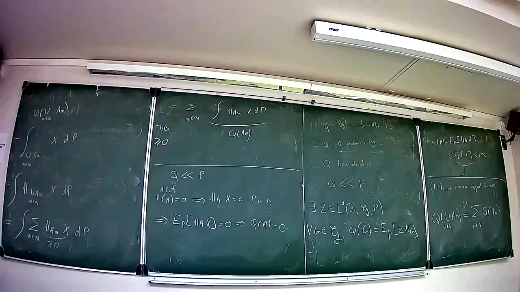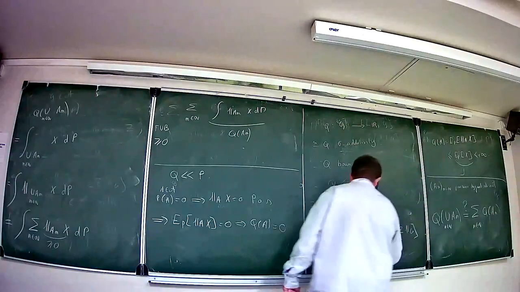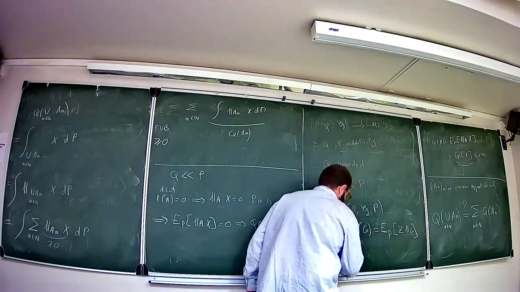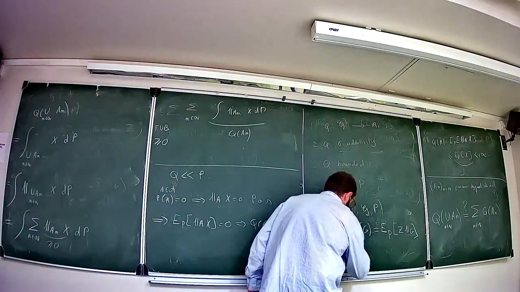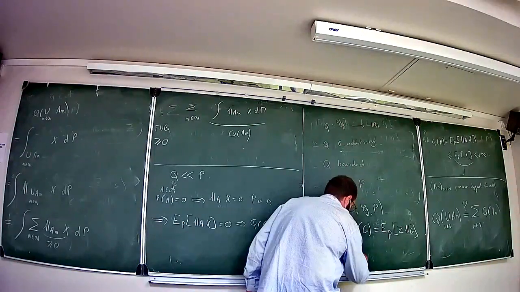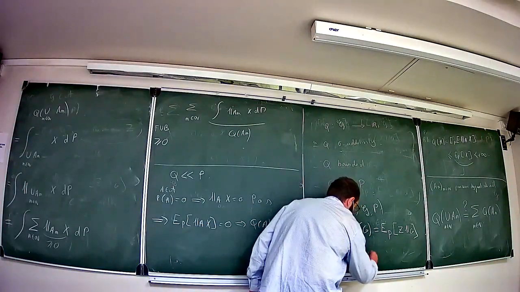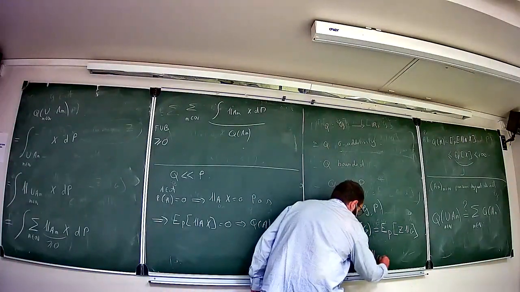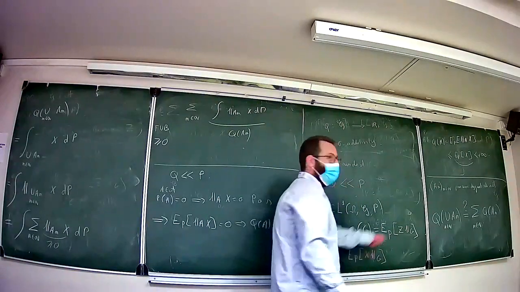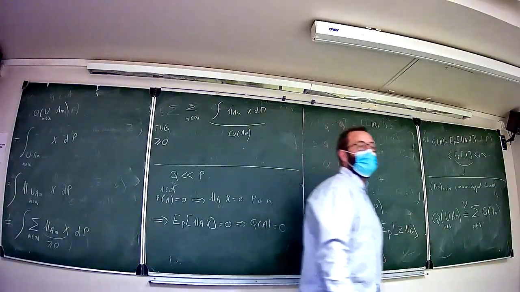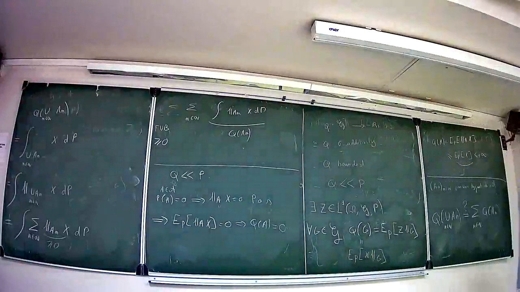But what is Q of J? I have erased the things here, but Q of J, I remind you, was defined this way. It's the expectation under P of X indicator function of J. But you have exactly what you need to have in the definition of the conditional expectation.